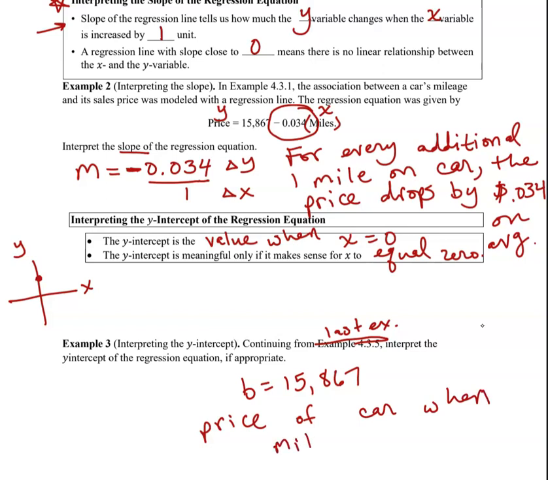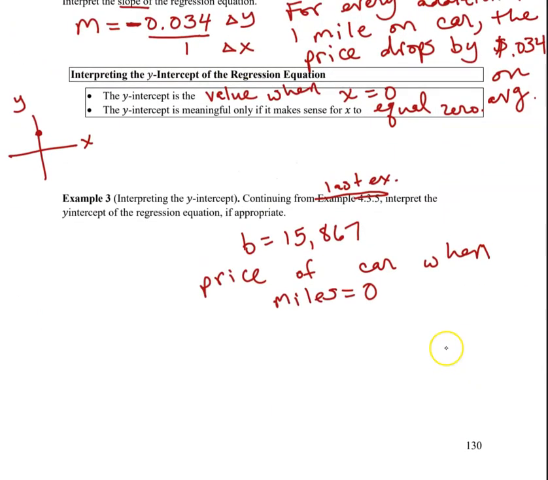So when the miles equals 0. Does that make sense? Can a car have 0 miles on it? Well, yes, right? When would a car have 0 miles on it? When it's brand new. That's what that means. So this would be when the car was brand new.